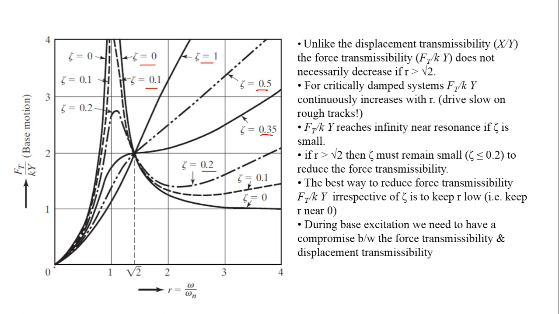Or you can say that irrespective of zeta, if r remains less than 1, then the force transmissibility will always remain less than 1. And this is good. You don't want more forces to be transferred to your equipment.